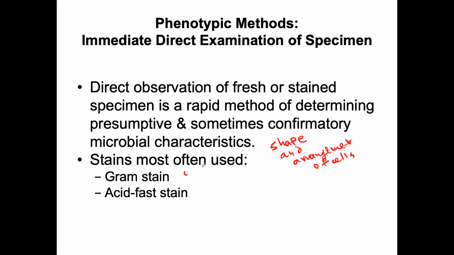So we can use the gram or the acid-fast stain to tell us something about the cell wall. So what is the cell wall in this pathogen? There's just a couple of examples, right?